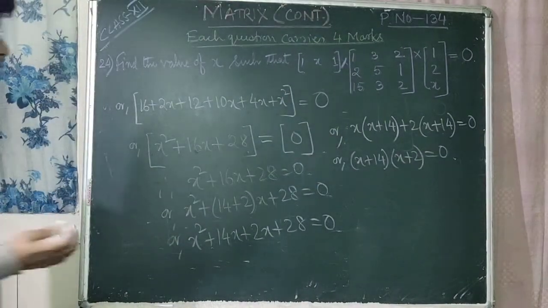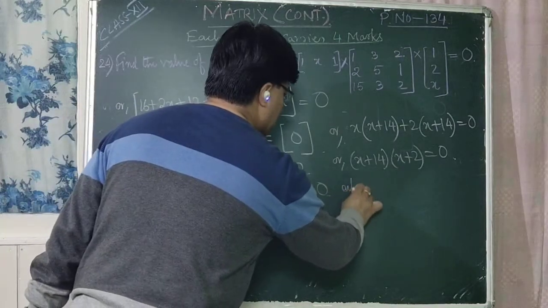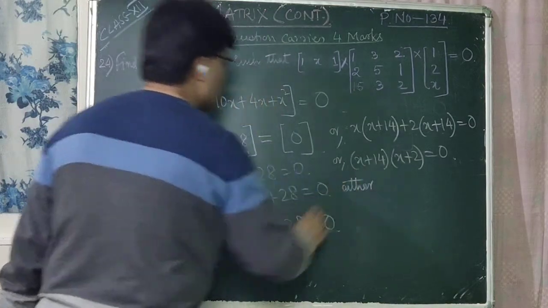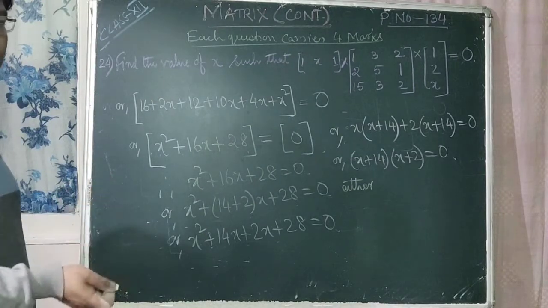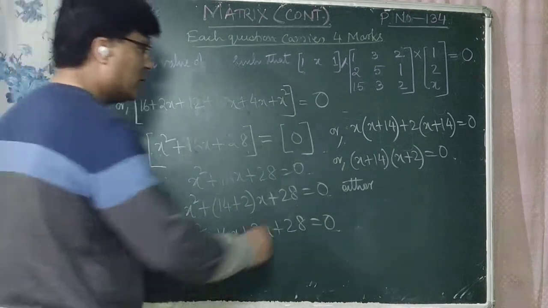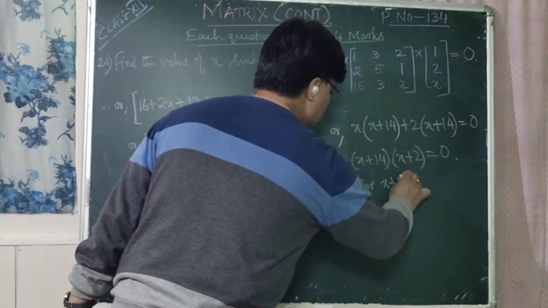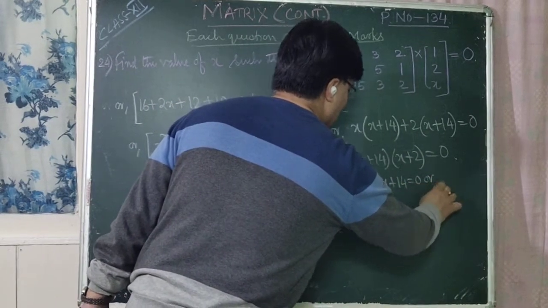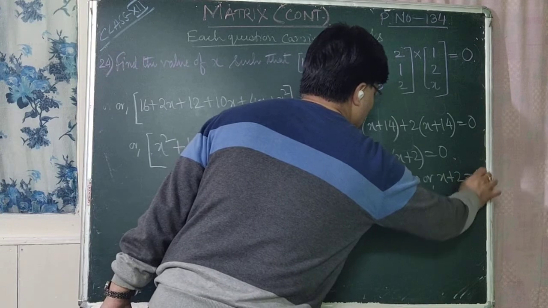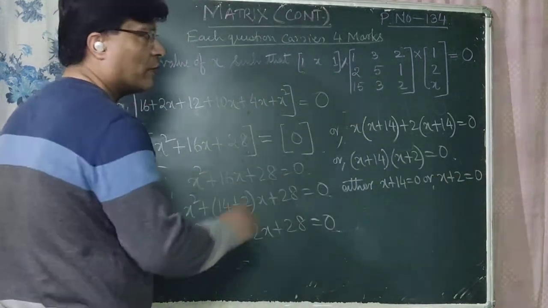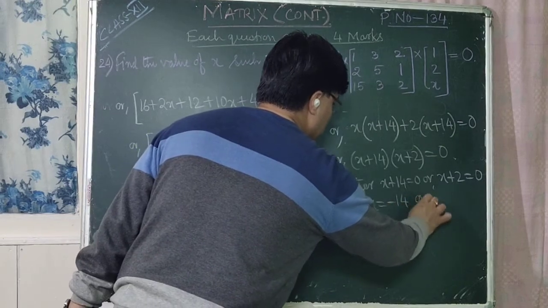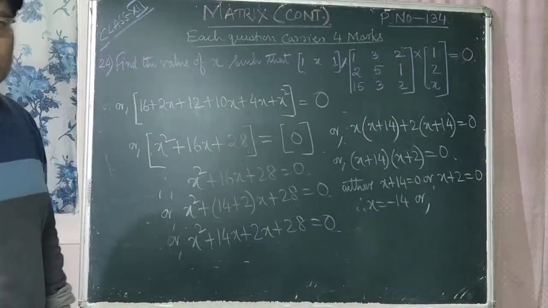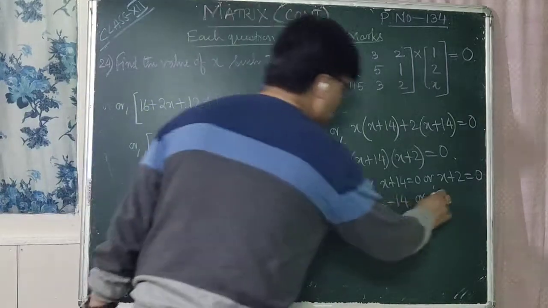Now we can write either or. Product of two factors is equal to 0. That means first factor is equal to 0 or second factor is equal to 0. Either x plus 14 is equal to 0 or x plus 2 is equal to 0. So from the first equation, what is the value for x? X is equal to minus 14, or x is equal to minus 2.